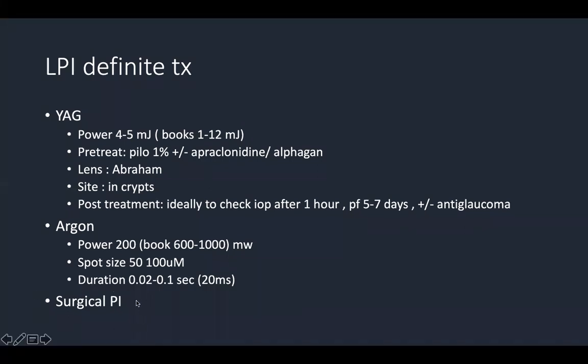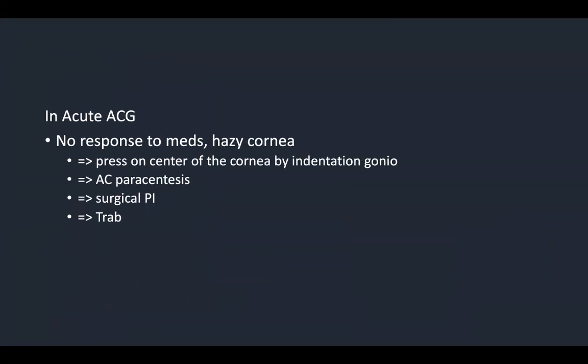One option, sometimes if the patient is really not responding or you couldn't do laser for any reason, you can go for surgical PI. Some books can mention those options. You can press on the center of the gonio just to push some fluid to the sides of the angle to open it a little bit if the IOP is really not responding and you couldn't do the PI.